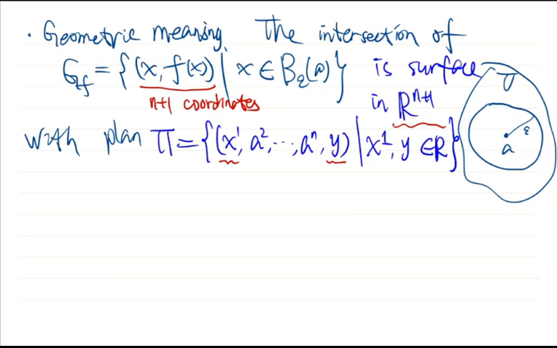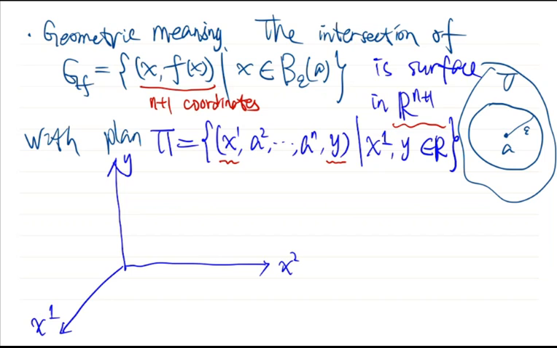We can draw a picture here. To draw a picture, how do we make a higher dimensional picture? This is y. This is, we hope, x1. Maybe this is x2, but that is only two-dimensional.